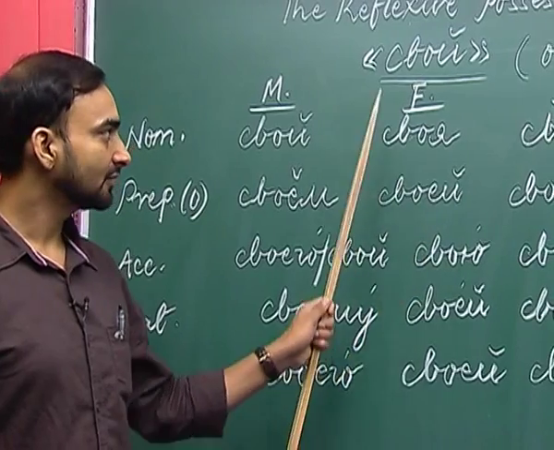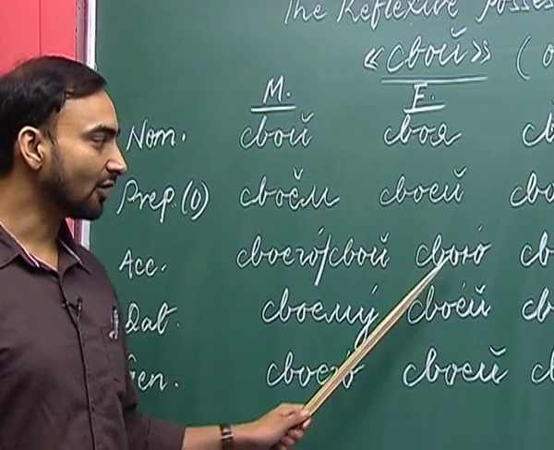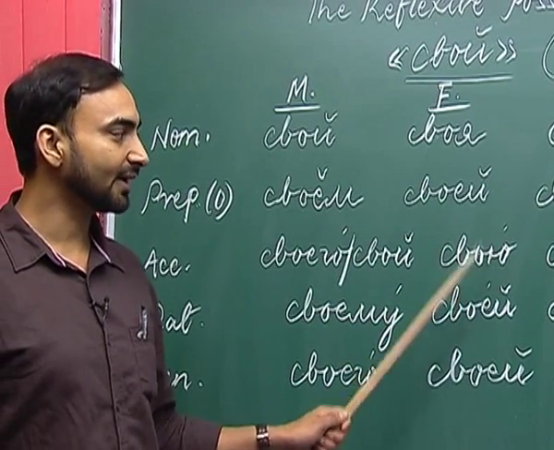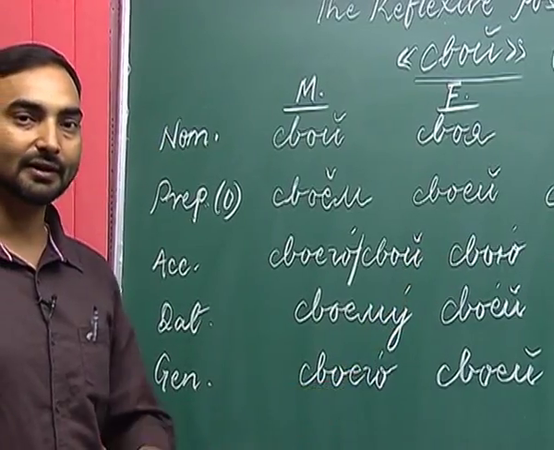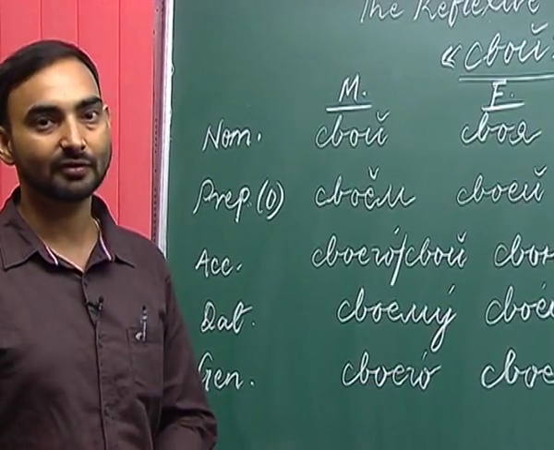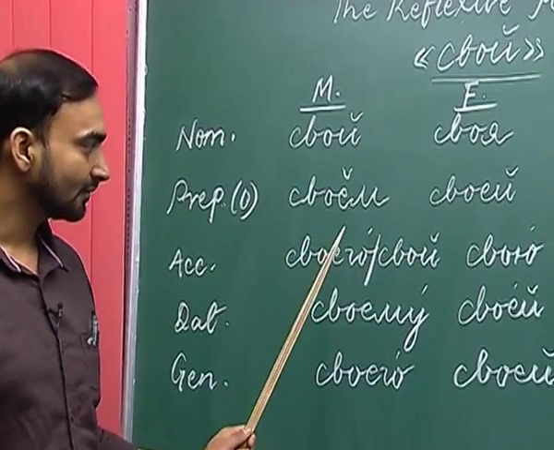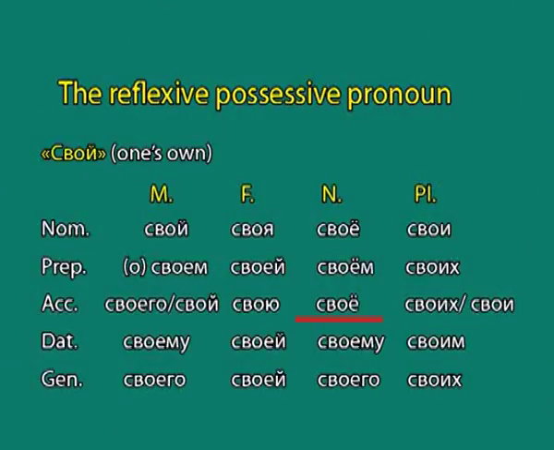Свою feminine gender, and I have not written the second form here because in both the forms, either animate or inanimate, the forms remain the same. Своё neuter gender and своих with animate nouns and свои with inanimate nouns.